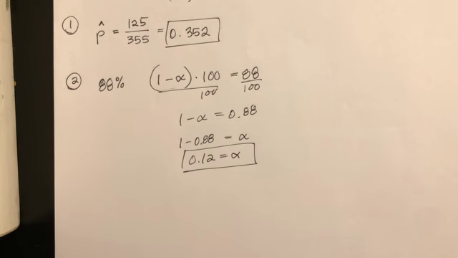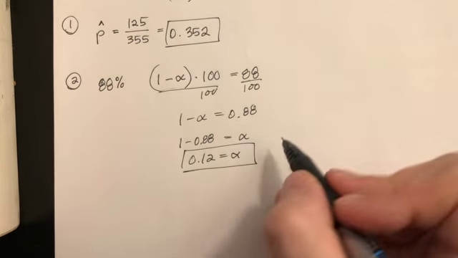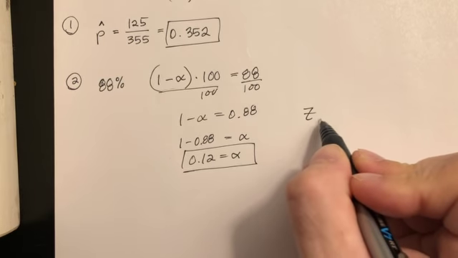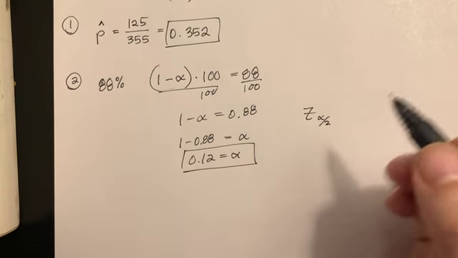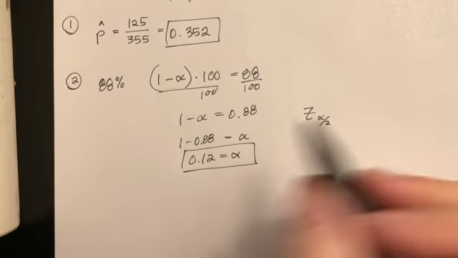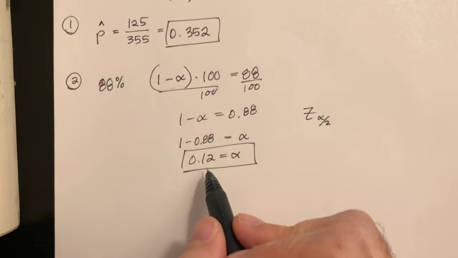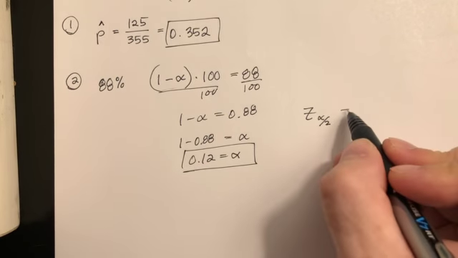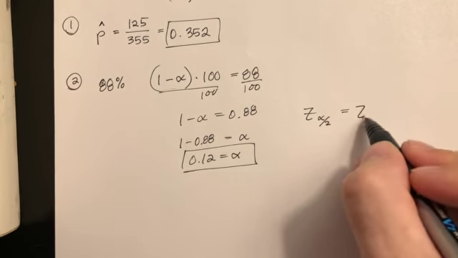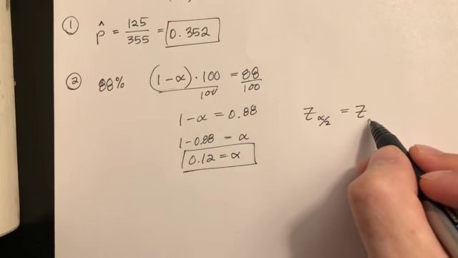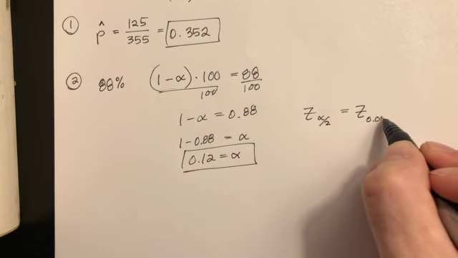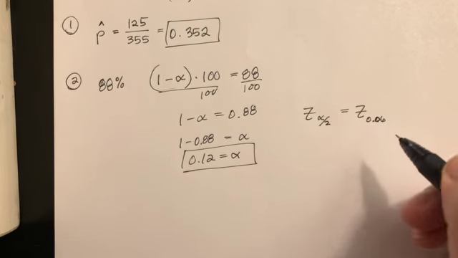Now, they didn't ask what is the alpha. They said, what is the z alpha over 2? So what they're telling you here is that if your alpha is 0.12, we're going to divide it by 2, and they want the z-score that goes with that answer, 0.06.